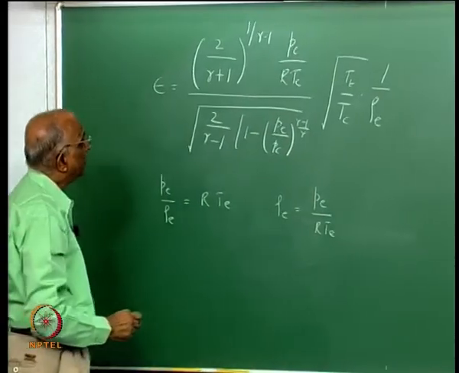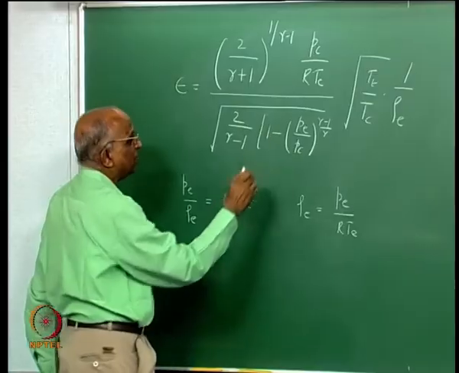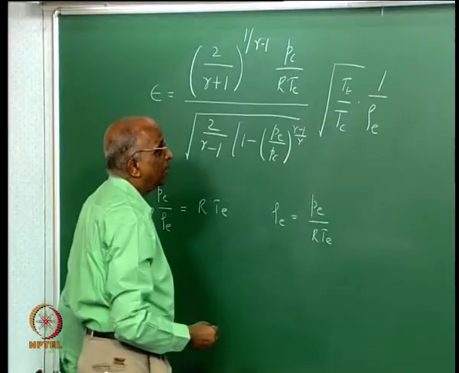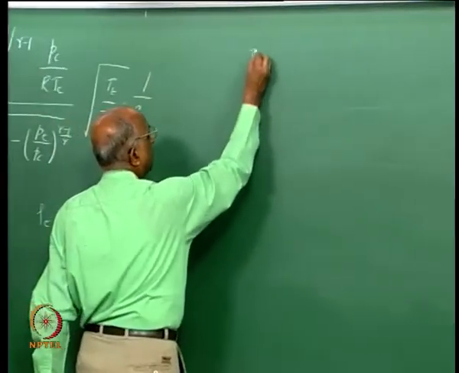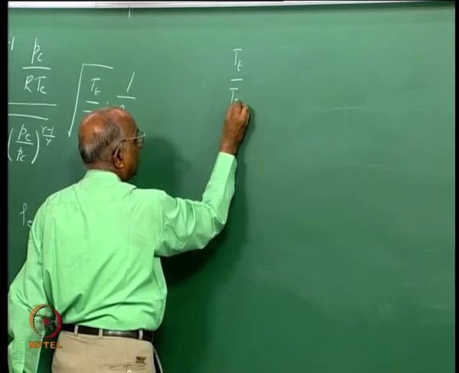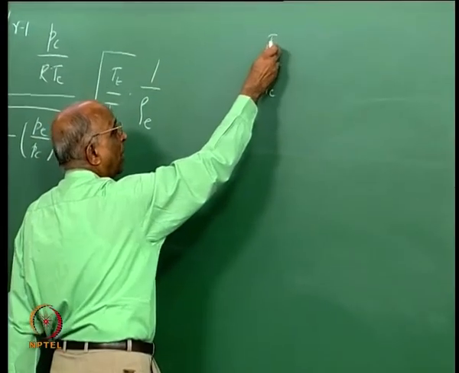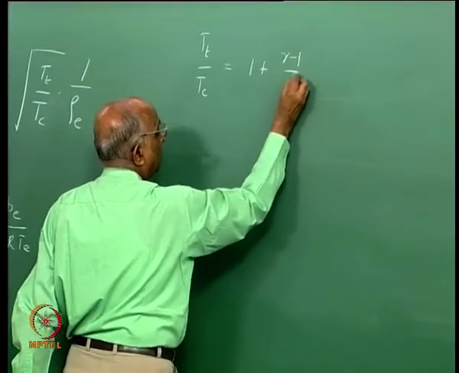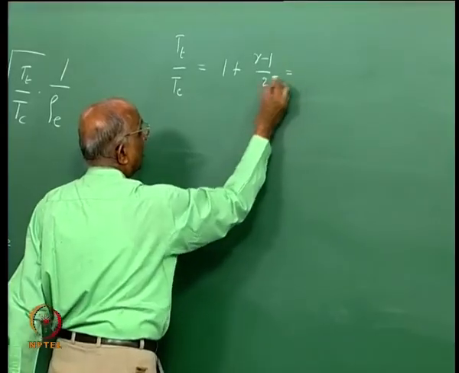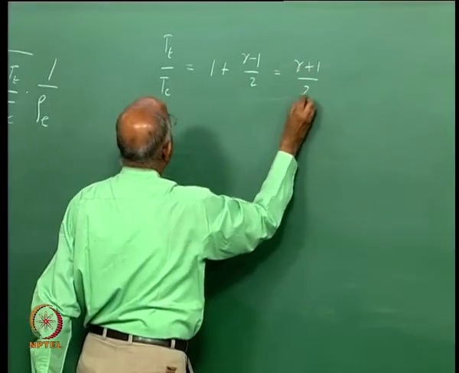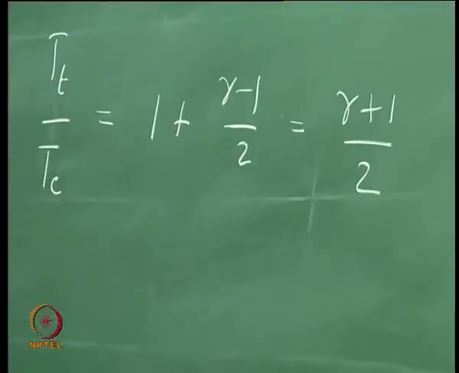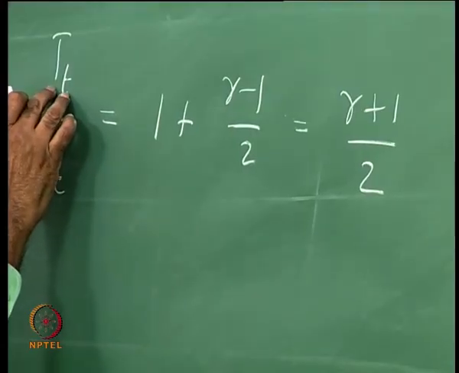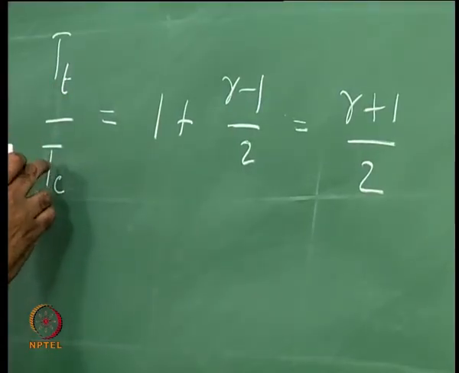This is one. Second is, I can also make some changes for the value of Tt, that is the temperature at the throat. We had seen earlier that the temperature at the throat divided by the temperature at the chamber, at the throat the Mach number is unity, and therefore this is equal to 1 plus (gamma minus 1) by 2 into 1 squared, or this is equal to gamma plus 1 divided by 2. Well, there is some problem here. The temperature at the throat reduces with respect to the chamber's stagnation.